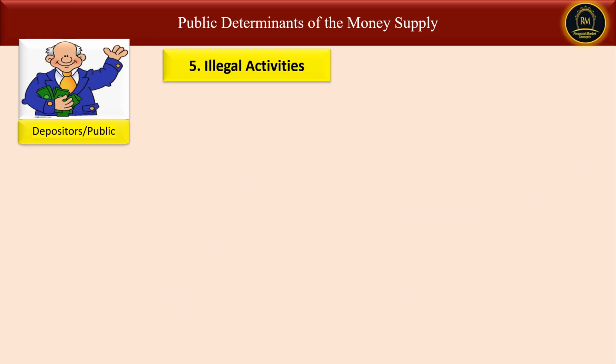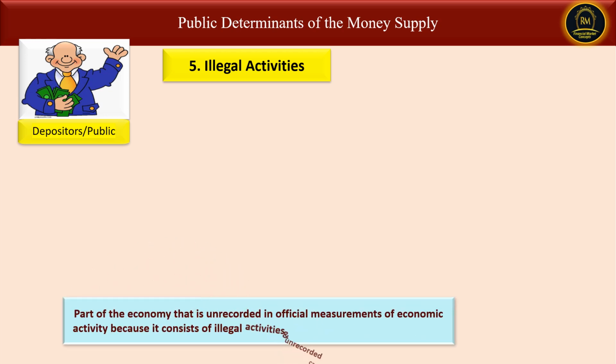Coming to the fifth public determinant of money supply in the economy, which is illegal activity. Now, what is this illegal activity? It is the part of the economy that is unrecorded in official measurement of economic activity because it consists of illegal activities, that is, unrecorded cash transactions.